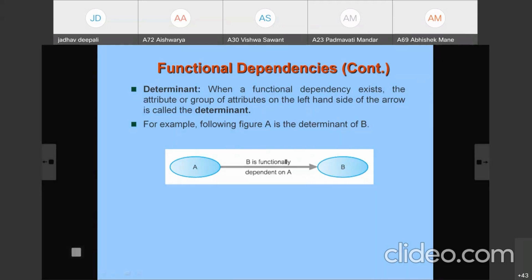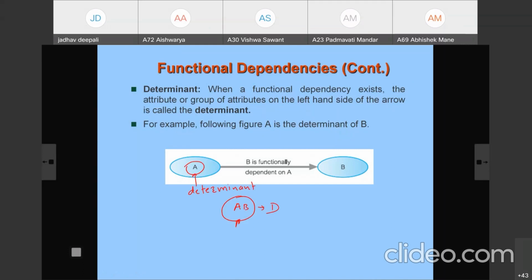So if A tends to B, A is the determinant. If A, B tends to D, then A, B is the determinant. The attribute or group of attributes on the left hand side is known as determinant.